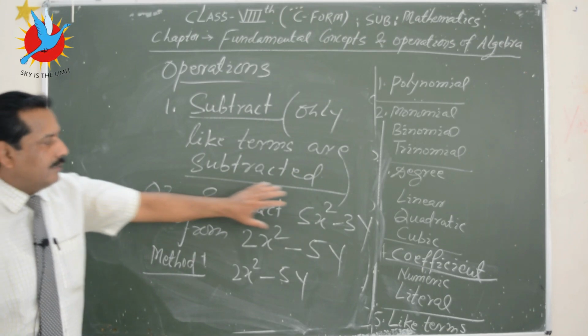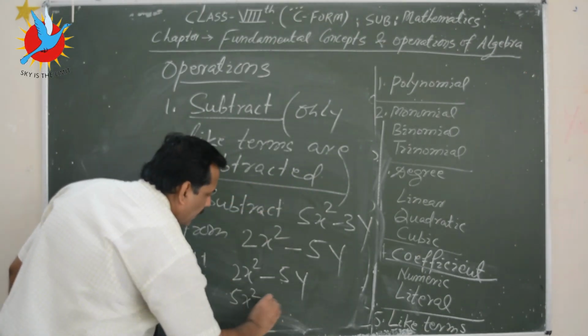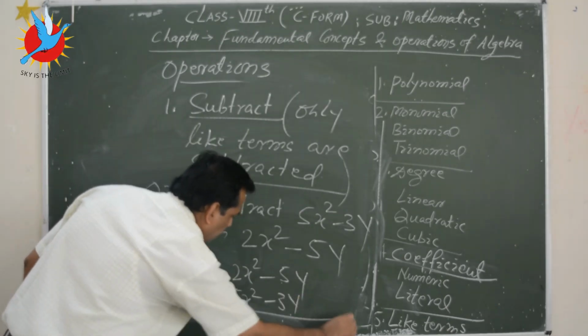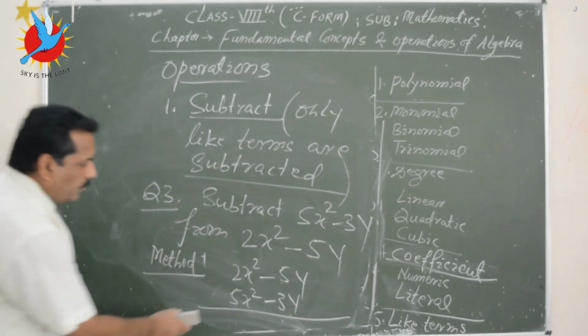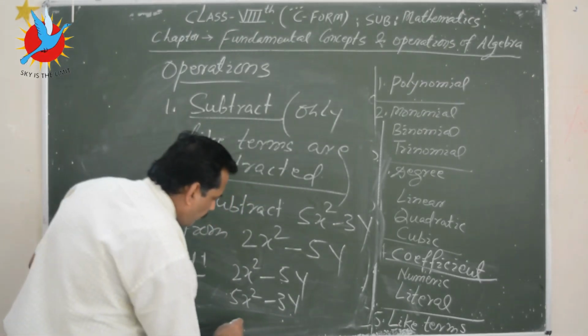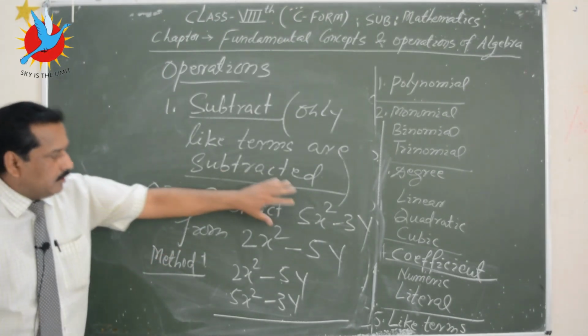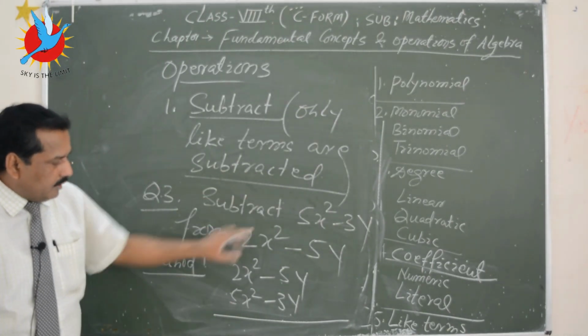Then you write this one, 5x square minus 3y, and draw a line.